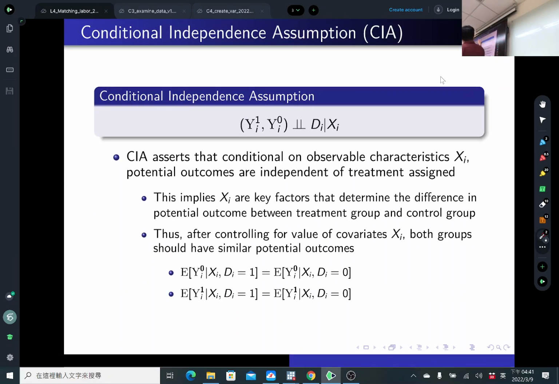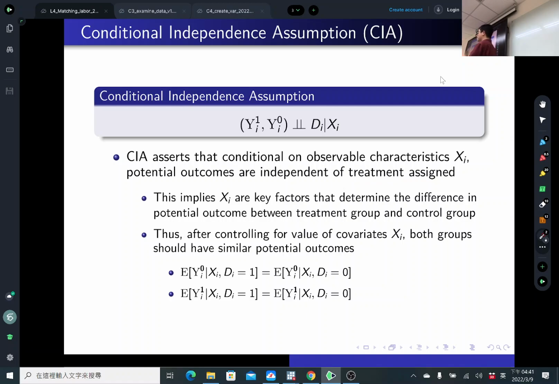So the CIA assumption, the conditional independence assumption, we usually call it CIA. This CIA basically says that, conditional on the observed characteristics X, the value of the potential outcome is unrelated to the treatment assignment.